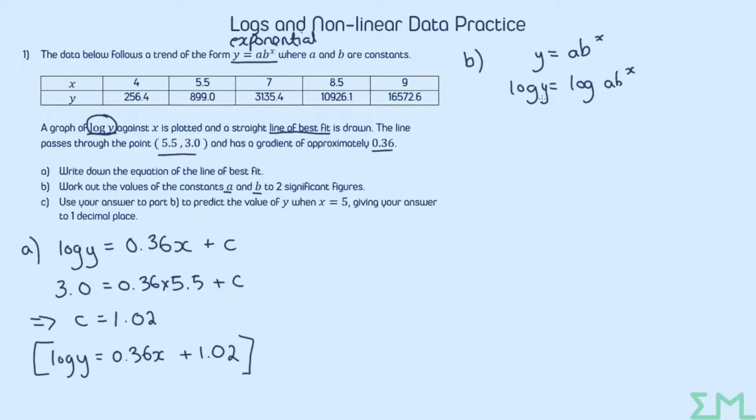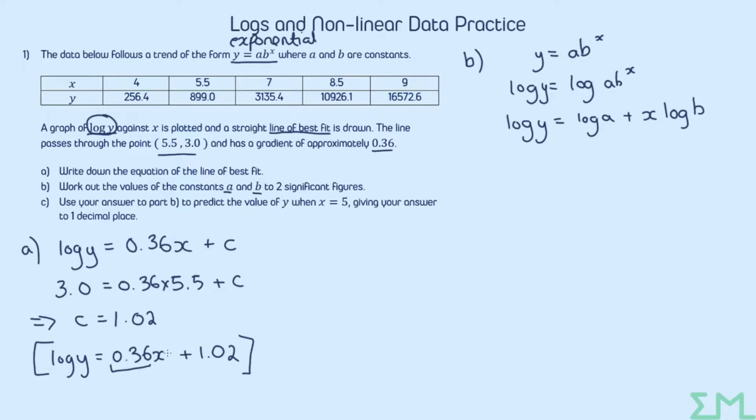So I'm going to make sure I write at least one line of working down. So remember here we split apart using addition, so log a plus x comes down because it is a power, x log b. Okay, so here I can directly compare with part A.